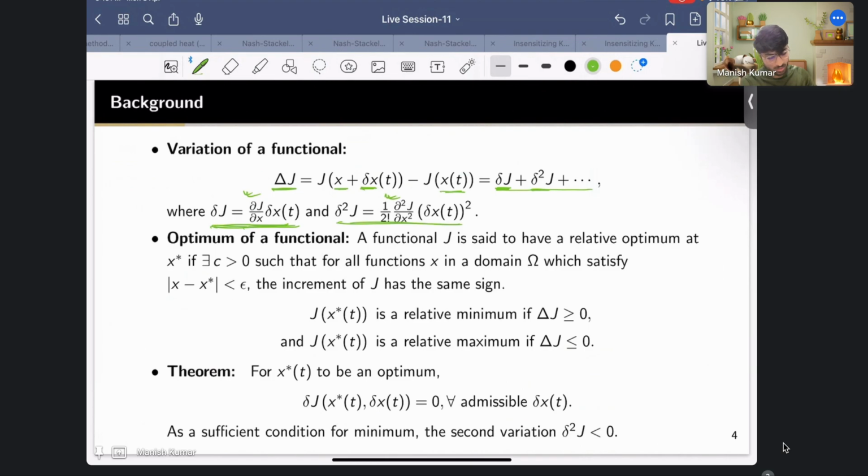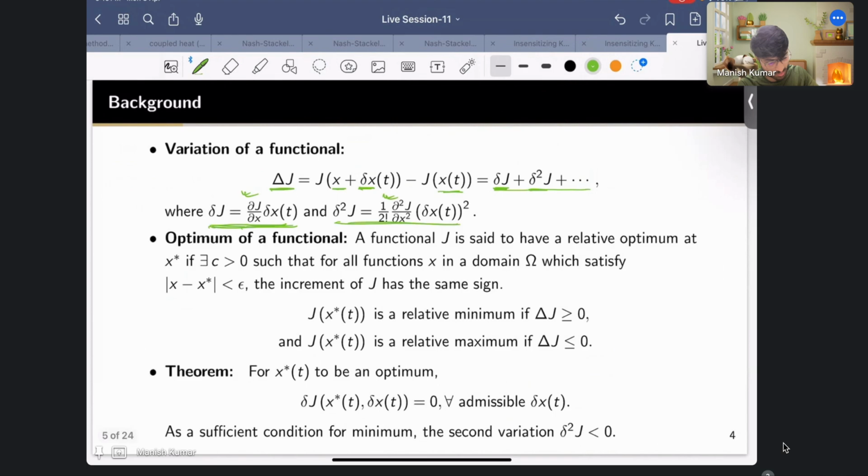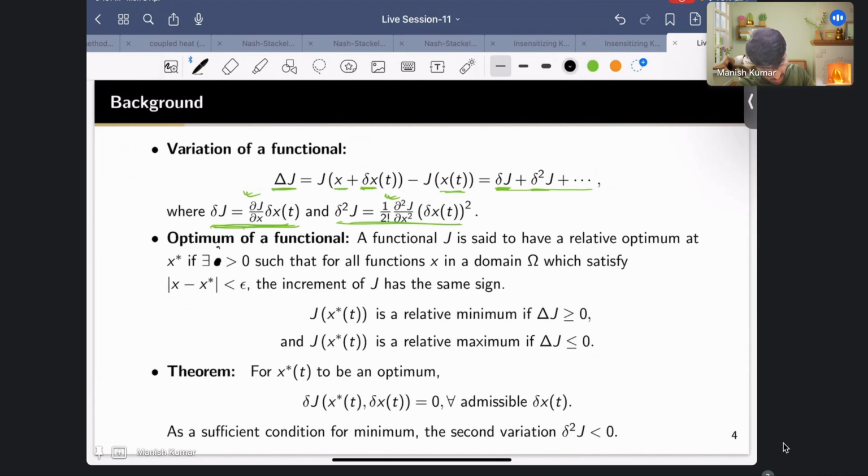So a functional J is said to have a relative optimum, optimum basically meaning either maximum or minimum, at x star if there exists epsilon greater than 0 such that for all functions x in the domain omega.